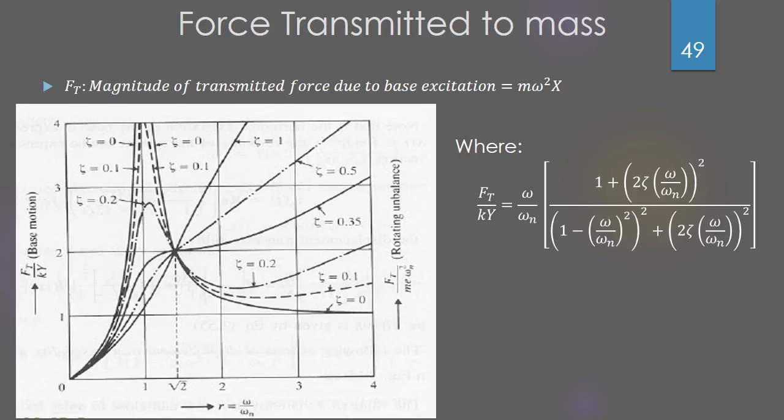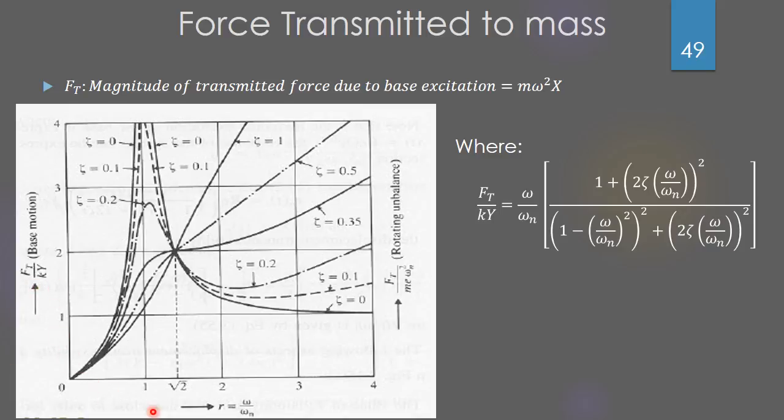Second, we have the force transmitted to mass, which is basically the magnitude of transmitted force to the base excitation, and it's equal to m omega squared x, where the FT over the ky is equal to this formula here.